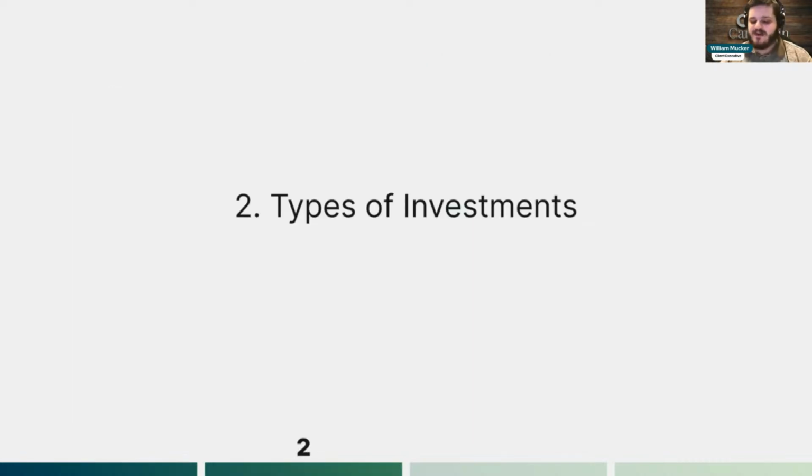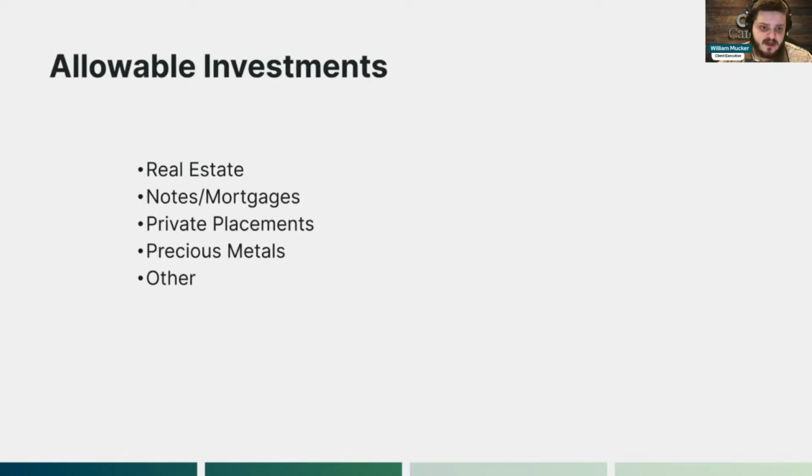So what types of investments can be made out of an IRA, or self-directed IRA, excuse me? This is one of the biggest questions we get. So the main things we see our clients invest into are real estate, and we'll be touching on each of these a little bit more in the future slides, but real estate, private lending through notes and mortgages, private placements of privately traded companies, precious metals, and other.